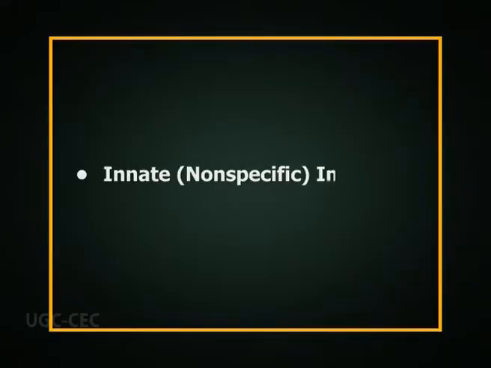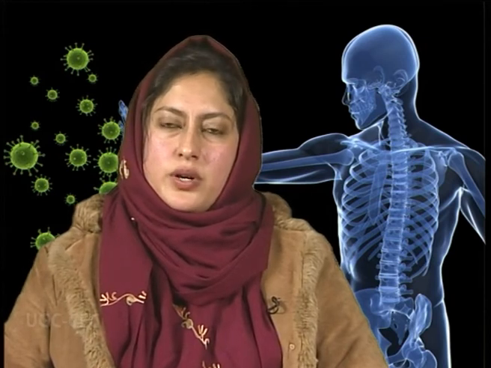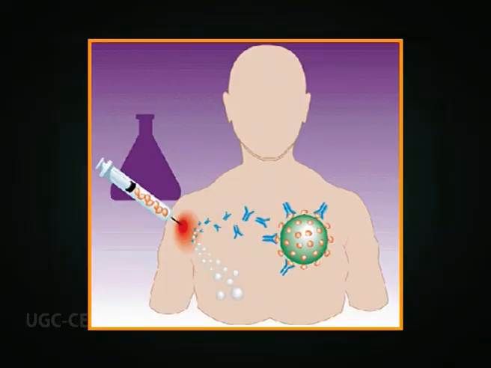Now, first of all, innate or non-specific immunity. Innate immunity is present from birth and consists of many factors that are relatively non-specific. That is, they operate against almost any substance that threatens the body. It resists infection by blocking the entry of pathogens into the body or by destroying the microbes through means other than antibodies.